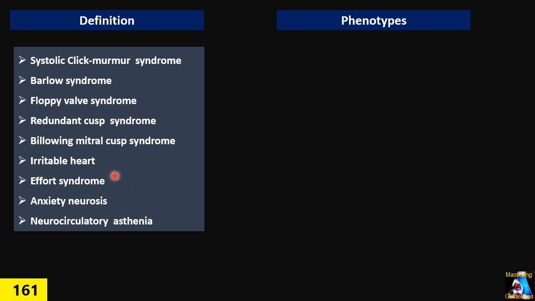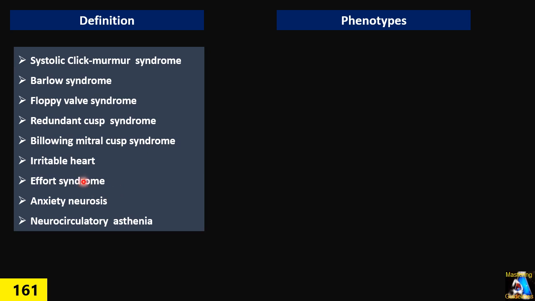For that reason, some experts define mitral valve prolapse as a wide spectrum, from myxomatous degenerative on one side to fibroelastic deficiency on the other side.